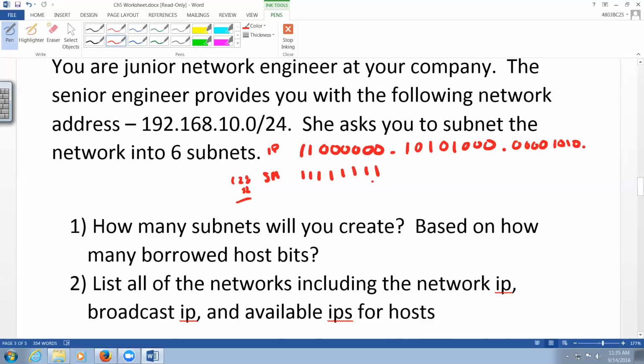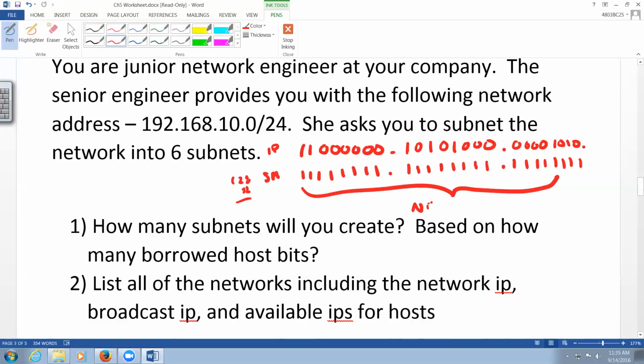So we have 255, 255, and 255. So this part is going to be the network part. And then this last octet is going to be the host.